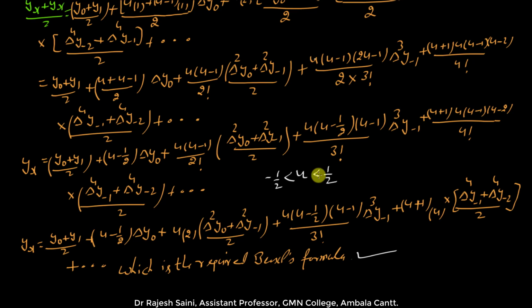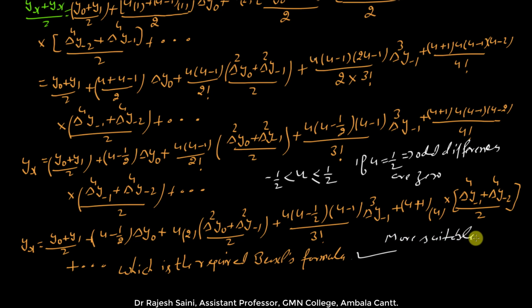And of course when u becomes 1 by 2, this formula is more suitable, because in this case odd differences become 0, if u is equal to 1 by 2, then odd differences are 0, and then this formula is more suitable. So this formula is used when u lies between minus 1 by 2 and 1 by 2, and more suitable when u is equal to 1 by 2.